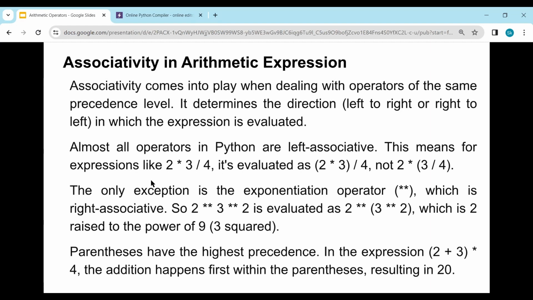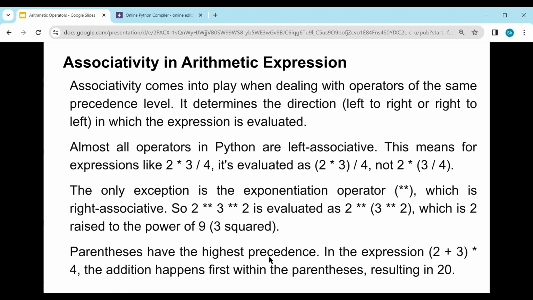This means for expressions like 2*3/4, it's evaluated as (2*3)/4, not 2*(3/4). The only exception is the exponentiation operator, which is right associative. So 2**3**2 is evaluated as 2**(3**2), which is 2 raised to the power of 9, since 3 squared is 9.